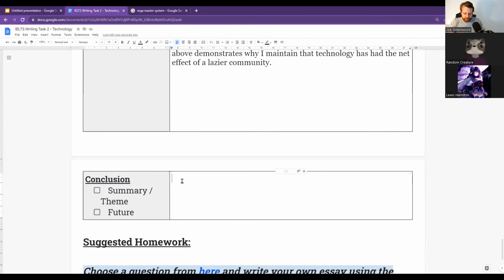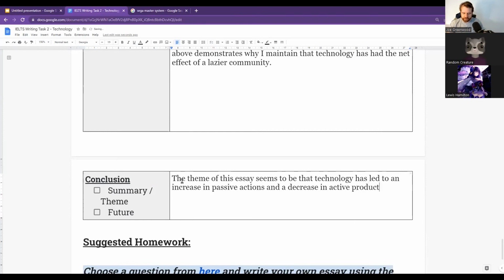So the theme of this essay seems to be that technology has led to an increase in passive actions and a decrease in active productivity. You use productivity twice. Okay, in active, I don't want to say actions, in active work, that'll do.